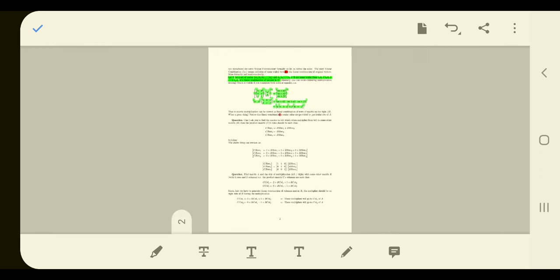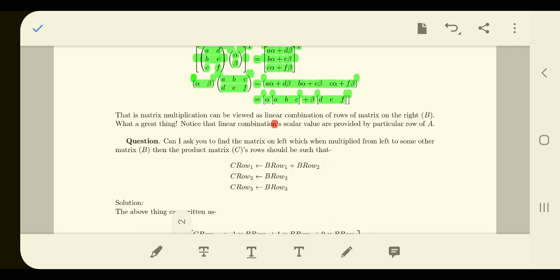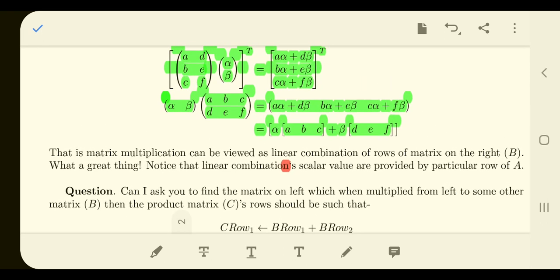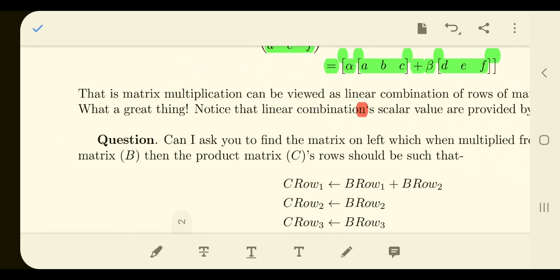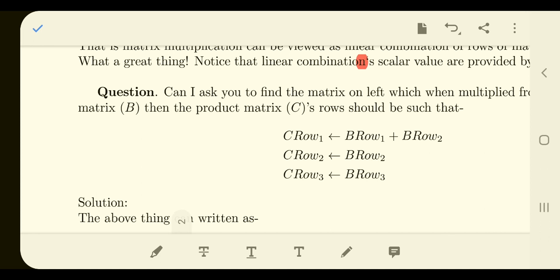And in the other case, where we are working with the linear combination of rows, the combinations are coming from the matrix on the left, and the rows for which the linear combination has to be generated are on the right hand side. Okay, so we want to generate rows, so the multiplier has to be on the left hand side, and the actual matrix has to be on the right hand side.